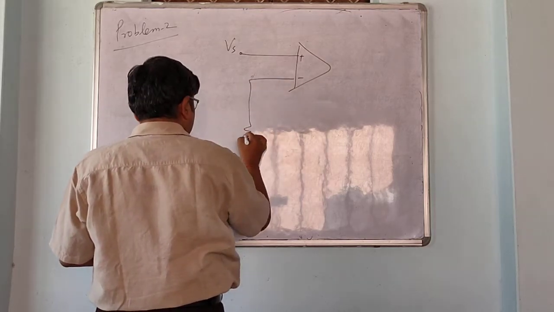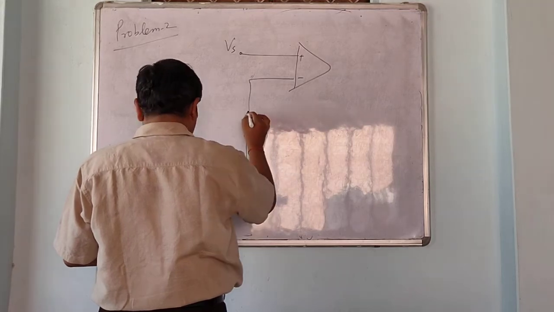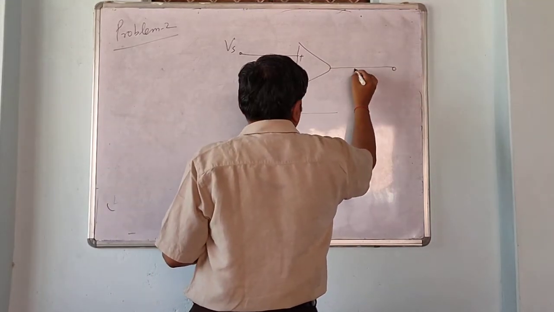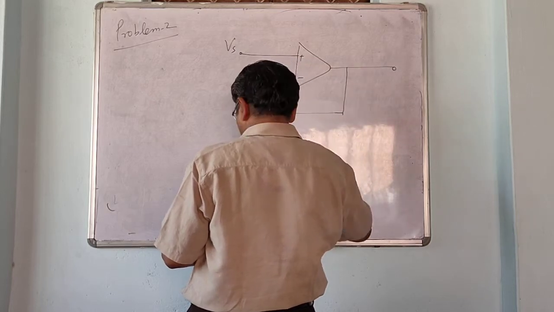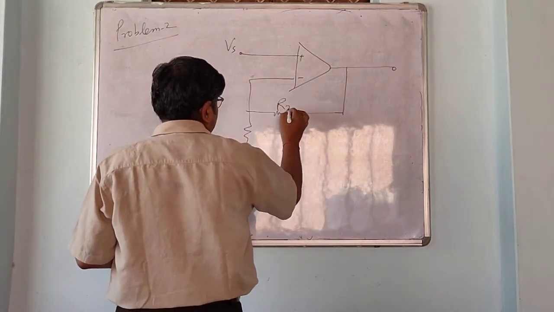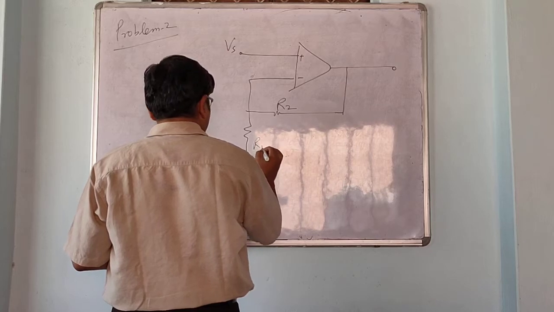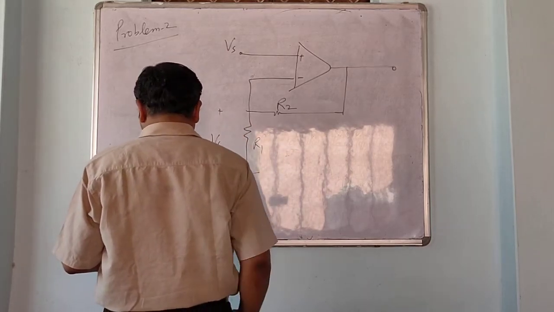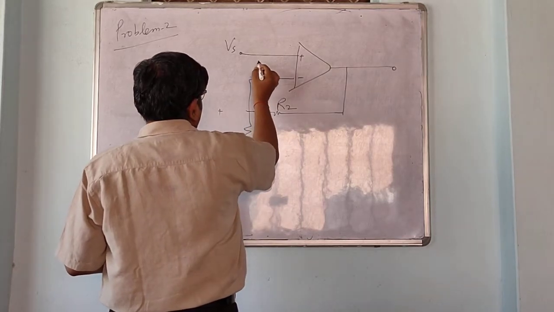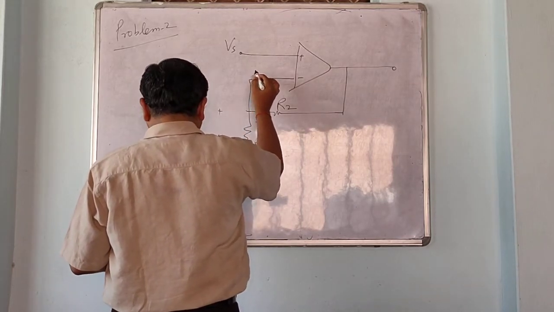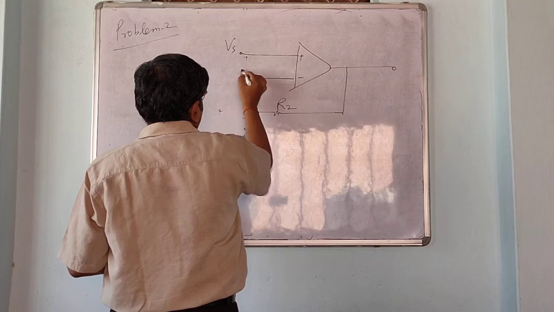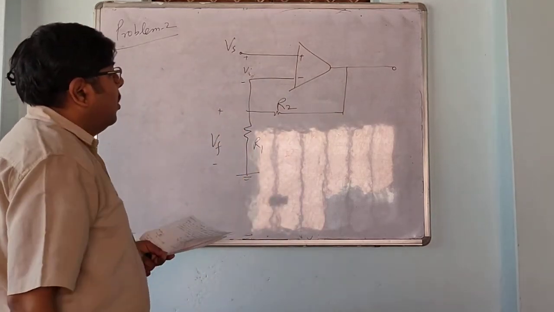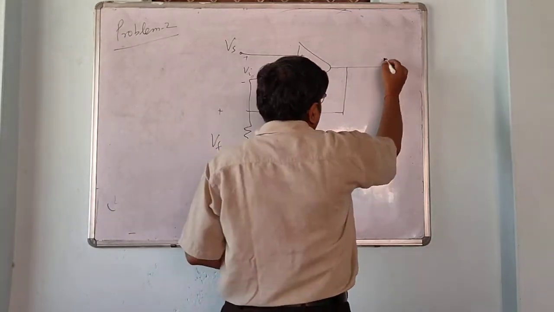Vs is the source voltage, and the voltage at input is Va. Output is V0.